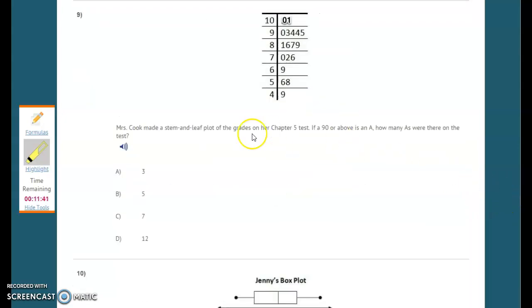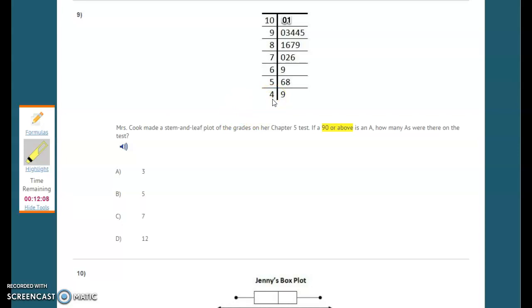Number 9 is Miss Cook made a stem and leaf plot of the grades on her Chapter 5 test. If a 90 or above is an A, how many A's were on the test? So you're looking at 90 or above. That's what you're looking for. So when you're looking at these, it's important to note that your first number is the first number of your actual whole number.